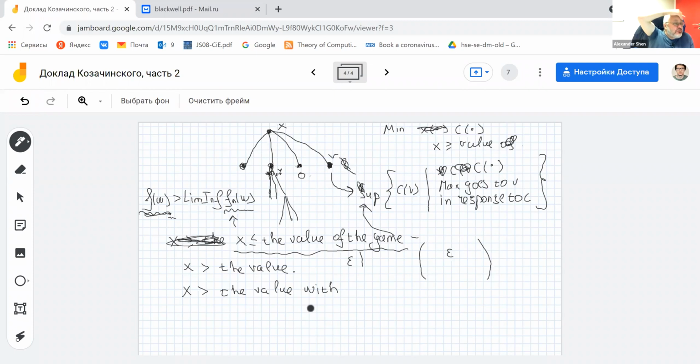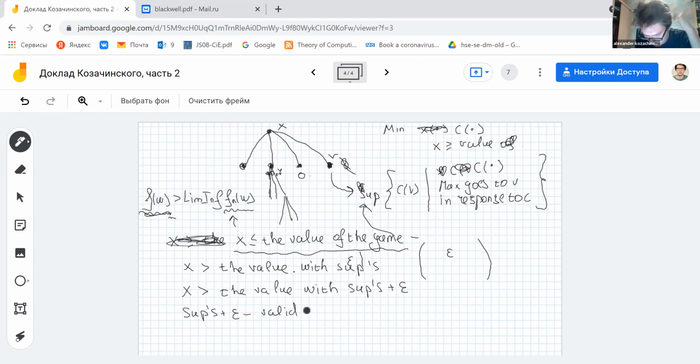So say again. So if X is greater than the value of the game with supremums, then X is greater than the value of the game with supremums plus epsilon. And then these supremums plus epsilon is a valid move of min in the auxiliary game.